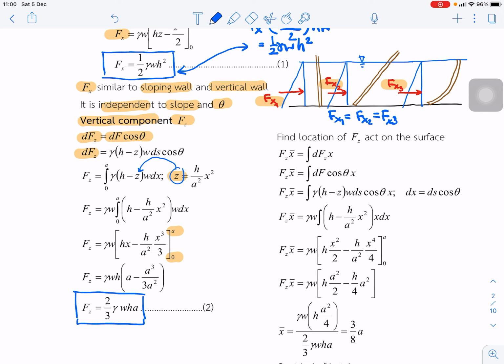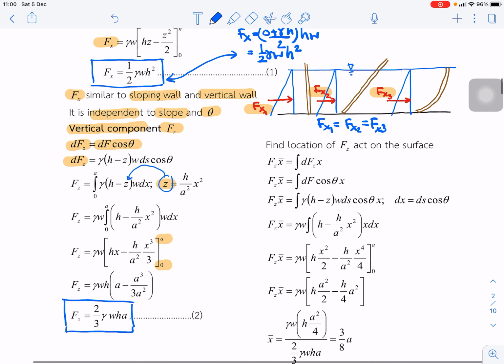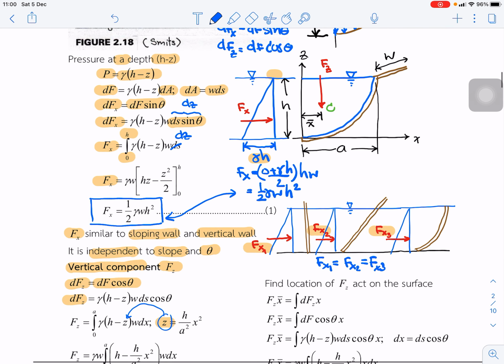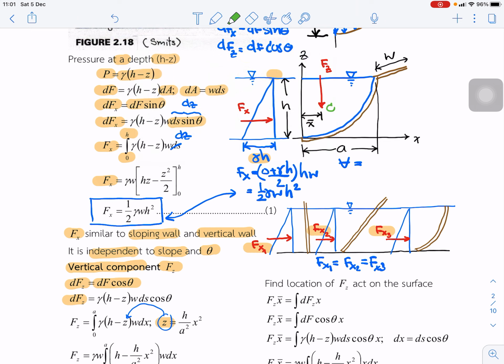In this way, we can derive this Fz from the prism concept as well, if we know the volume of the hatched area, for example, this area.